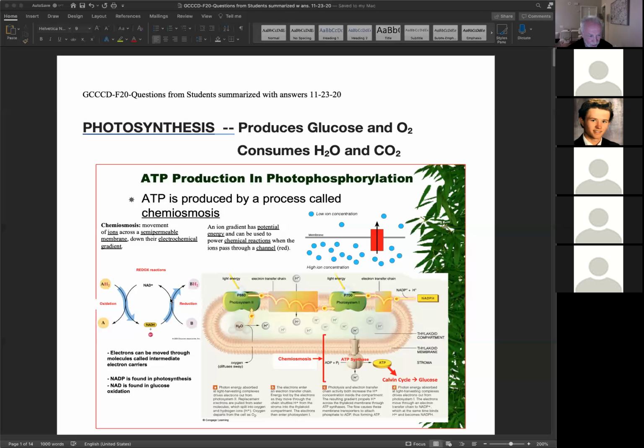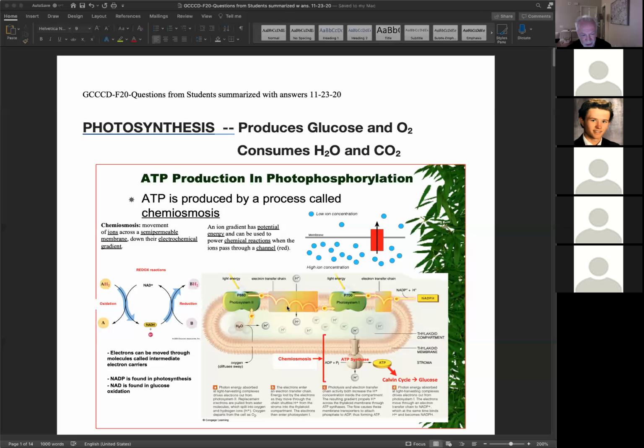passes an electron back to another member of the chain, which goes from oxidized to reduced. So each of these bumps here that you see in the electron transfer chain, each of those is one of these cycles. Each one is a redox reaction. And so at each bump, energy is released.